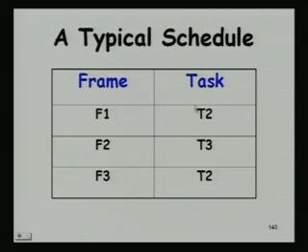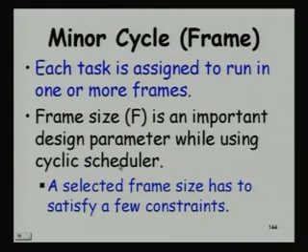This looks like a schedule. This is a typical schedule where these are the frames F1, F2, F3, etc. and task T2 runs in F1, T3 runs, and it is not necessary that all frames need to be utilized by some tasks. There are usually many frames that will be idle, and a task can run in one or more frames.